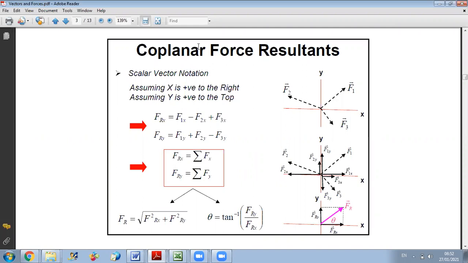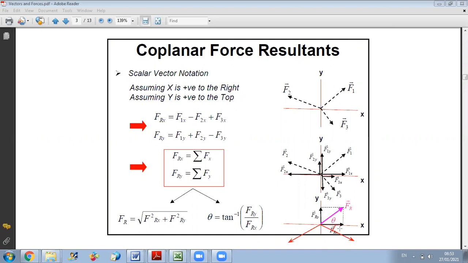Okay, just one remark before we stop. If you have, for example, the force like this, or like this, for example, then to calculate angle theta, you can define theta as this angle, and then you are in the fourth quadrant.